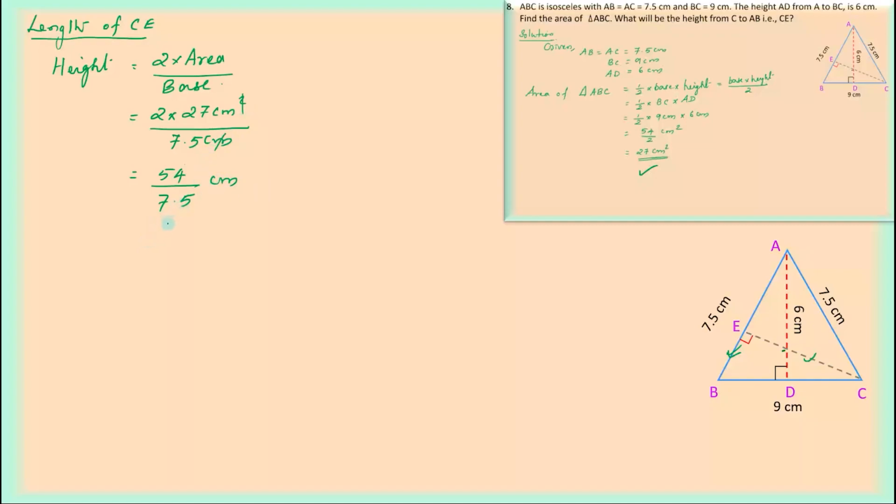Now for dividing this, since the denominator is a decimal number, we have to convert this to a whole number. And here there is one digit after the decimal. We have to multiply this denominator with 10, so we have to multiply the numerator also with 10.